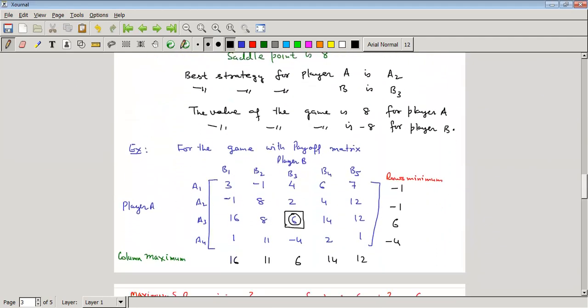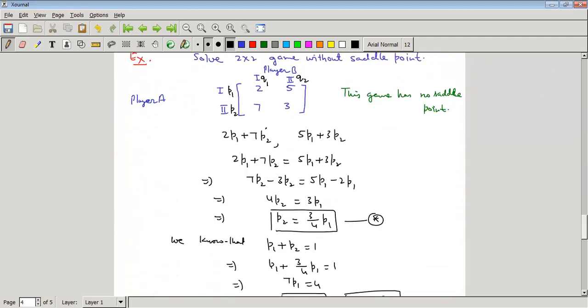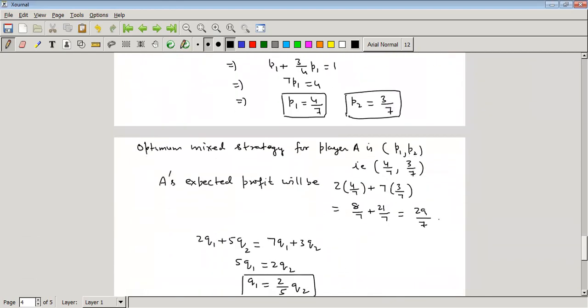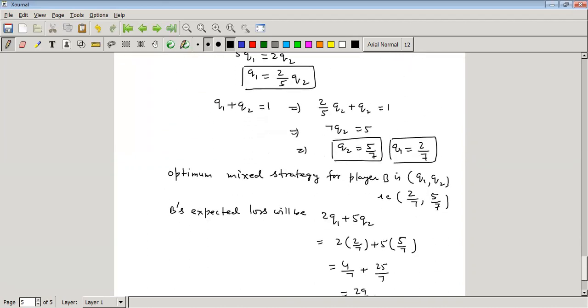If there is no saddle point, then how we can solve the game, how we can find the value of the game, which strategy, how many times player A plays the first strategy, how many times player B plays the second strategy, what is the best strategy. If there is a saddle point, then what is the best strategy for player A and player B. So we have discussed all of this with examples.